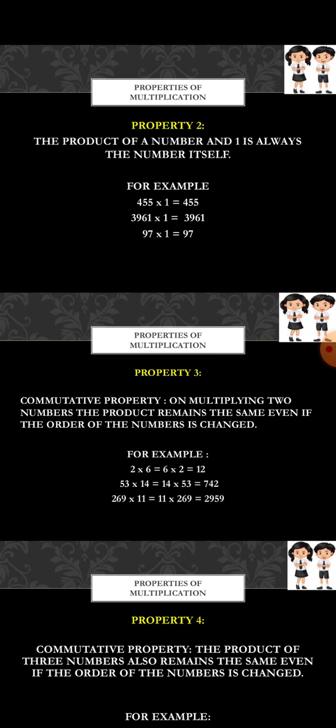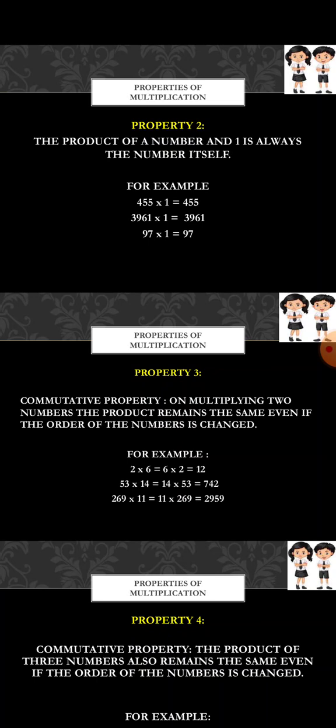Property 2 states that the product of a number and 1 is always the number itself. For example, 455 multiplied by 1 is equal to 455. 3961 multiplied by 1 and the result is 3961. 97 multiplied by 1 is equal to 97.